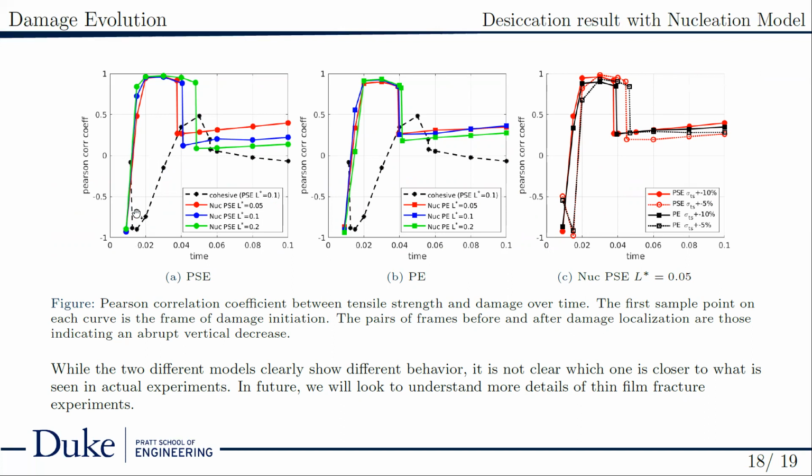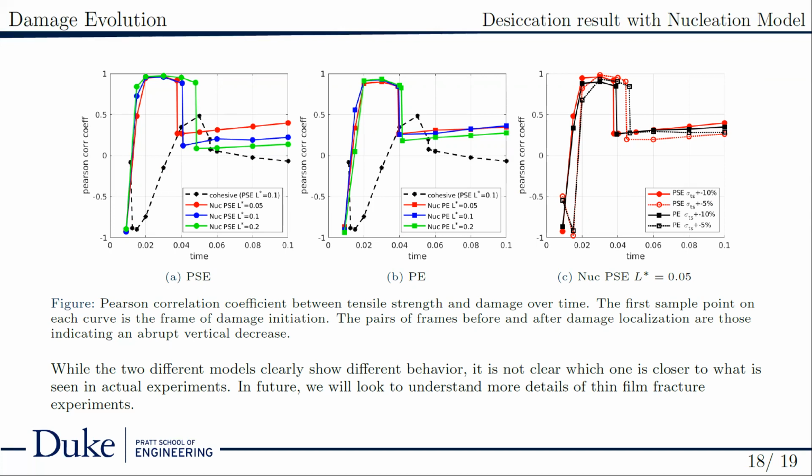Cohesive model showed a gradual shift from strong negative correlation to weak positive correlation, and then slowly dropped to almost no correlation before damage localization. Nucleation model showed a fast increase to strong positive correlation and stayed on the plateau till localization. After localization, both models have slight change in correlation but stayed in the weak to no correlation zone.